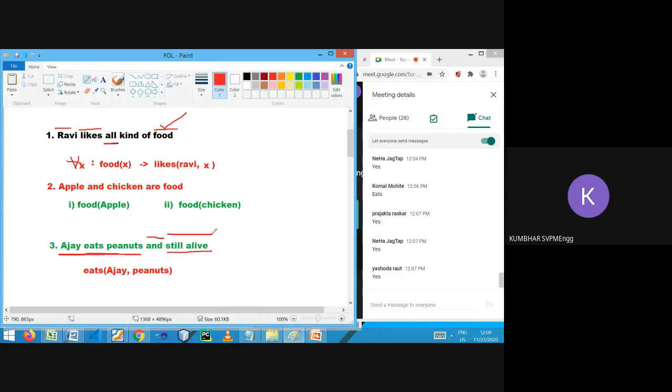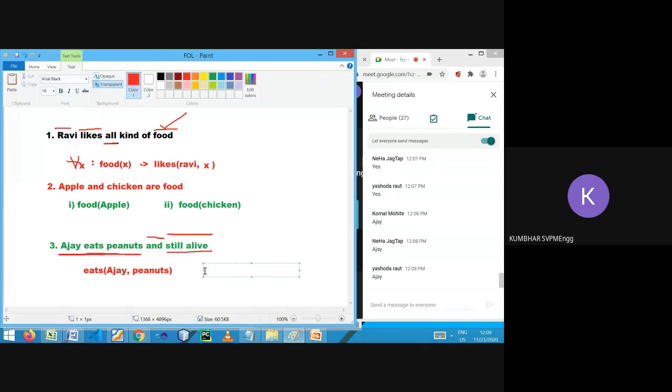Peanut alive, eat alive, food alive, or Ajay alive? Yes, Ajay is alive. You are correct. So how can I represent that using a predicate?